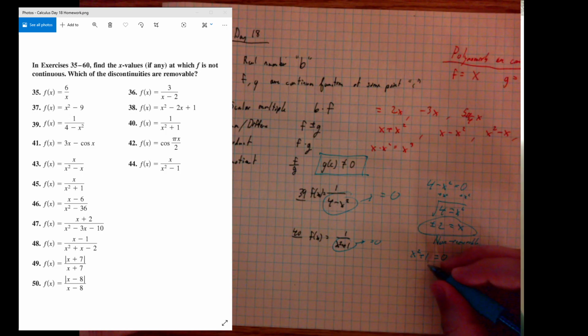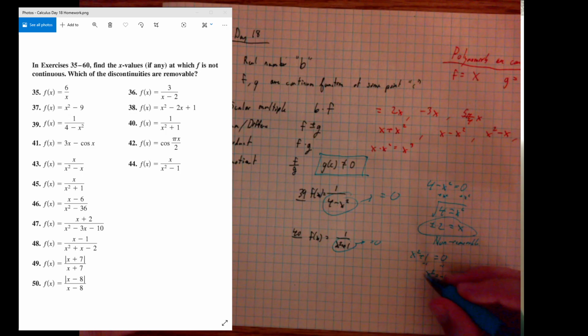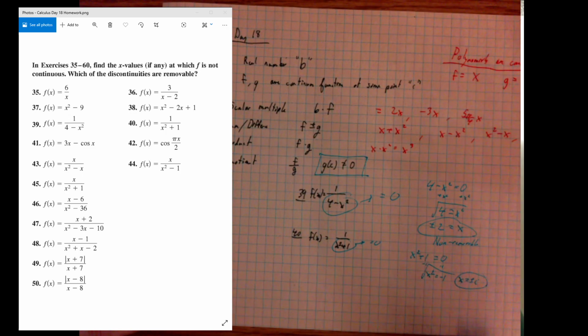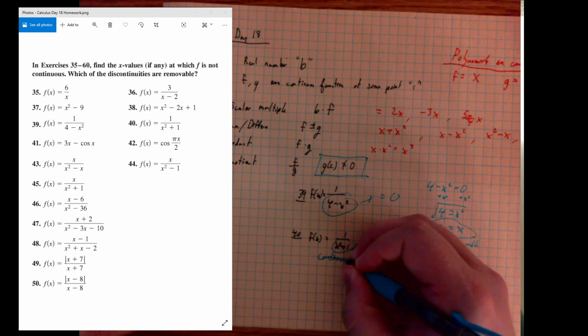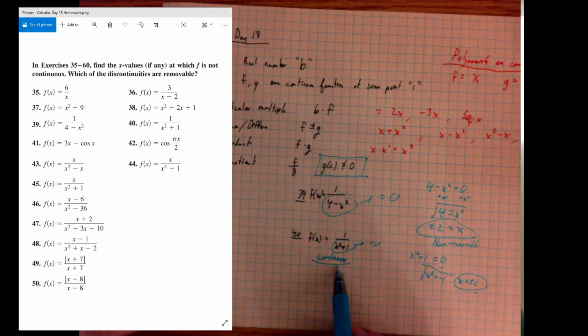Now what happens is I subtract 1 from both sides. I get x squared equals negative 1. I square root both sides, and I get x equals plus or minus i if you take algebra. This is not a real number anymore, which means that this function is actually continuous. If you actually graph this function, you will see a continuous function. There will be no asymptotes, there will be no jumps, there will be no holes.